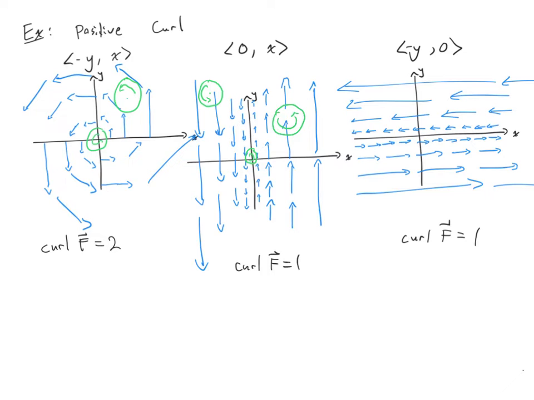And the same arguments work over here. You can make it spin like that, or this one like this. I'm trying to draw them in varying sizes, varying places, but it should be consistent because the curl is just a scalar in all of these.